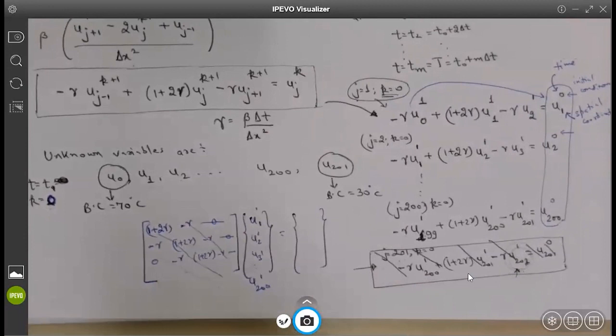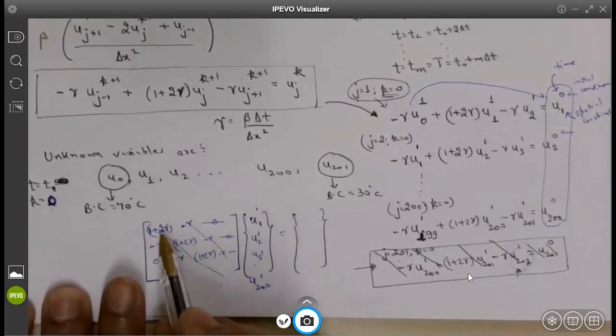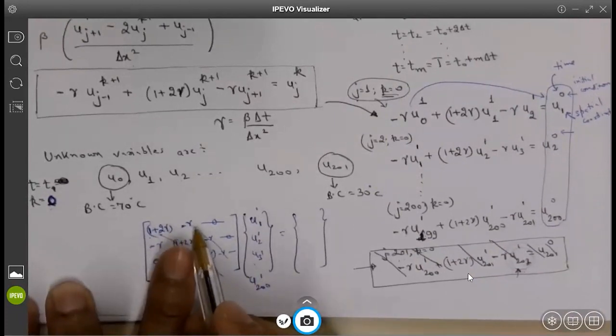So does that mean we have to input a 200 by 200 matrix in MATLAB? Well, you don't have to enter it. You will see that the structure remains the same. The diagonal elements will all be 1 plus 2 gamma. The upper diagonal will be all negative gamma. The lower diagonal will be all negative gamma. So you can easily write a for loop to initialize this matrix. You don't have to go one by one and say A11 will be this, A12 will be this.